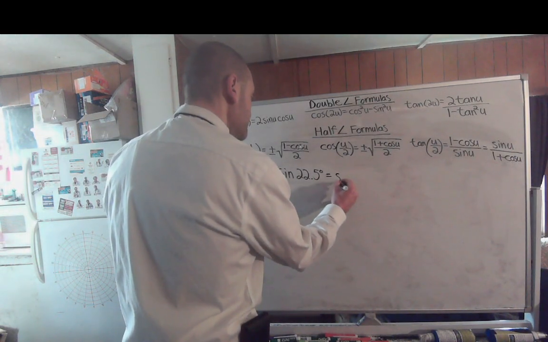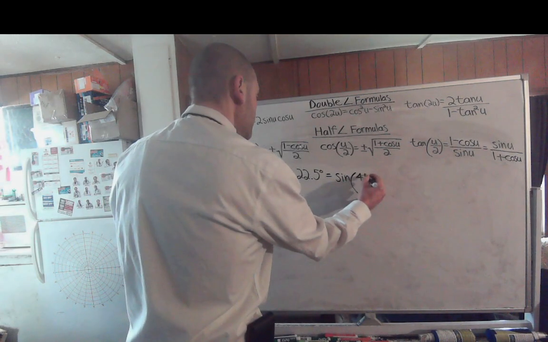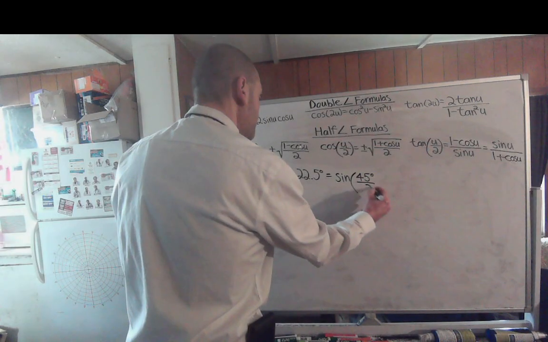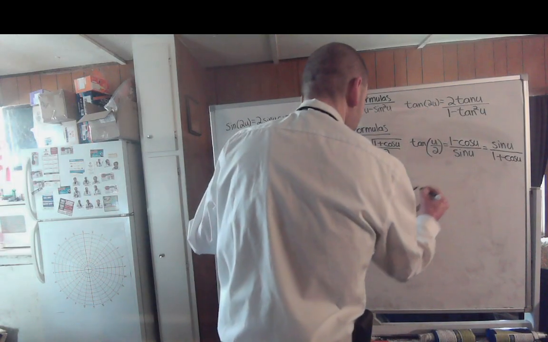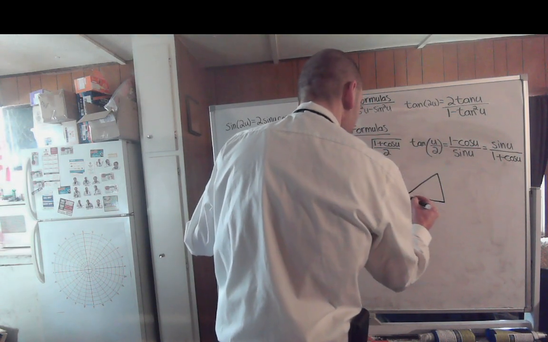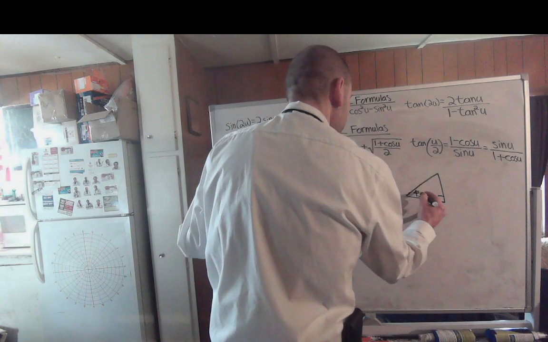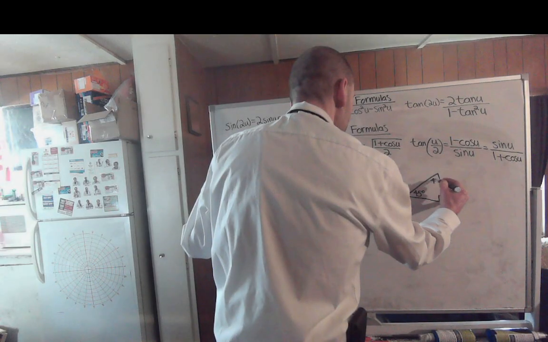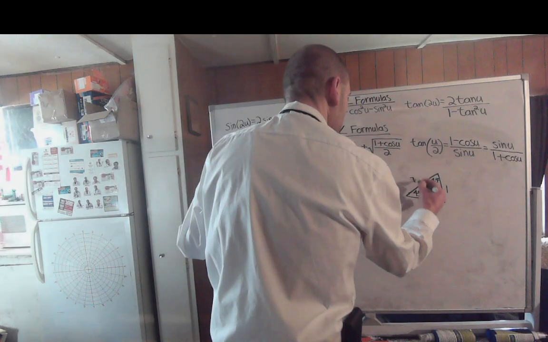So you could do this the same as the sine of 45 degrees divided by 2. And let's draw a 45, 45, 90 right triangle to aid our understanding here. So this will be a 45, 45, 90 right triangle. So 1, 1, and square root of 2.